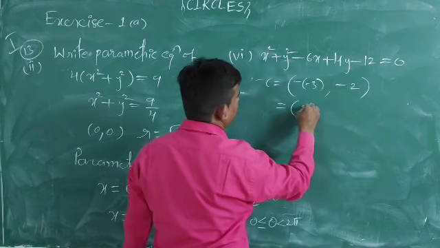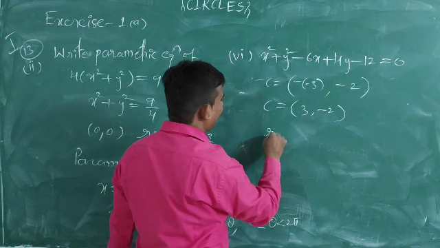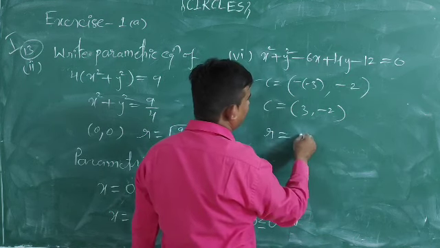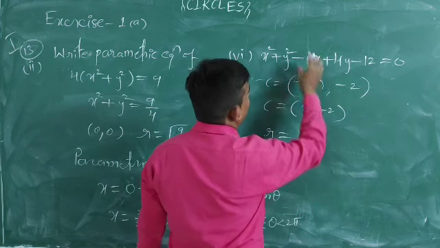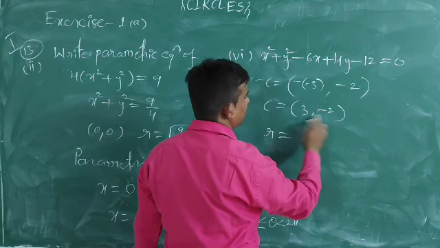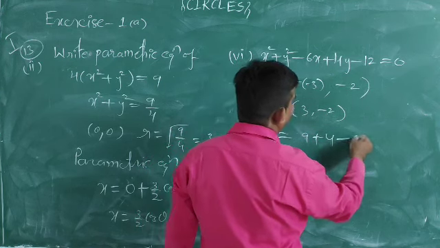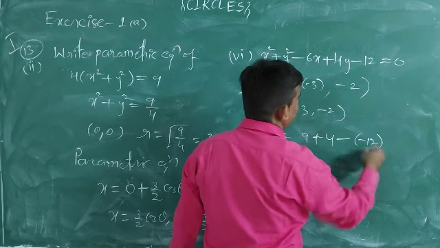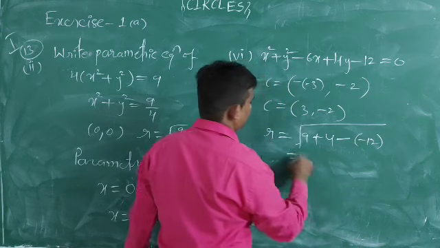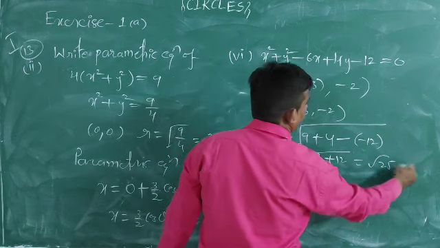Okay, it is 3 comma minus 2. So it is h comma k. And what is the radius? Radius equals square root of g square plus f square minus c, where g and f are the coordinates of the center. 3 square is 9 and minus 2 square is 4, minus c means minus of minus 12. 13 plus 12 will be equal to square root of 25 equals 5.